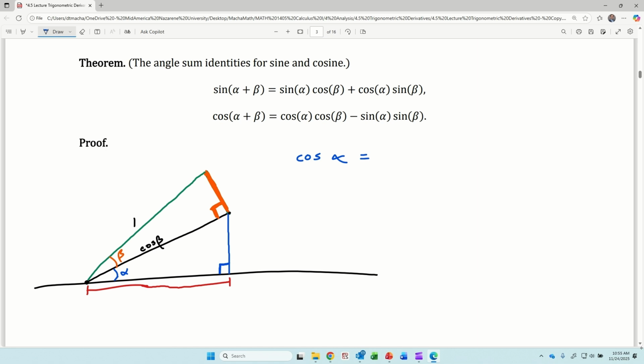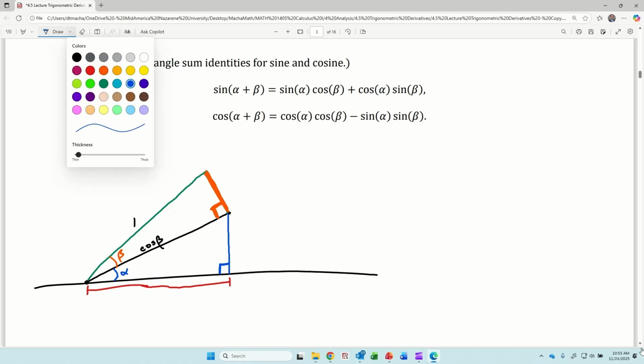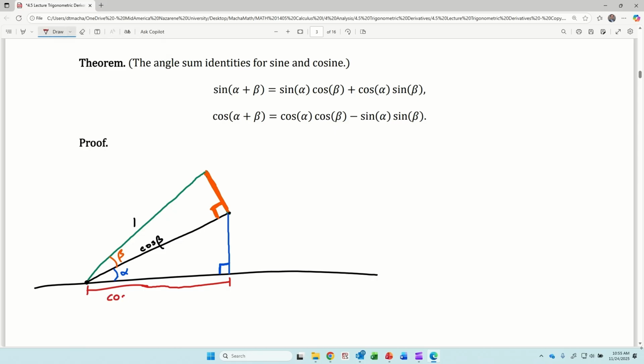That means the side length here in red I'm trying to find is going to be cosine alpha times cosine beta. Because cosine alpha should be the ratio of this adjacent side length to the hypotenuse. So in other words, it should be cosine alpha times cosine beta divided by cosine beta, and that gives me the red length of the line segment.